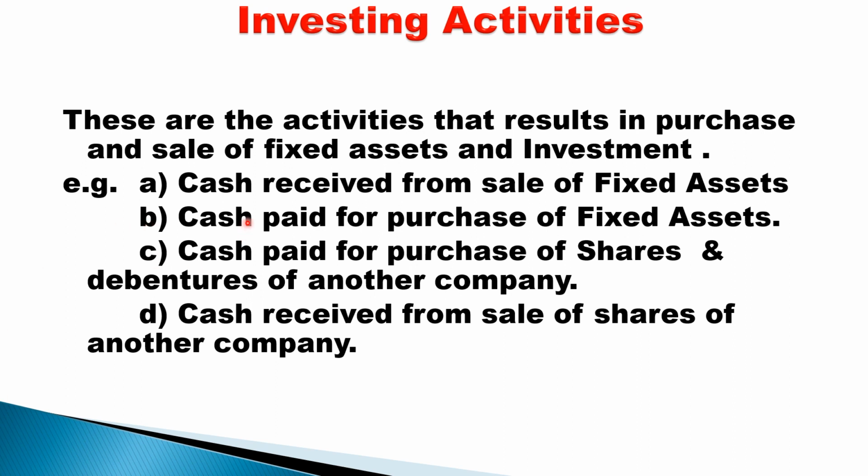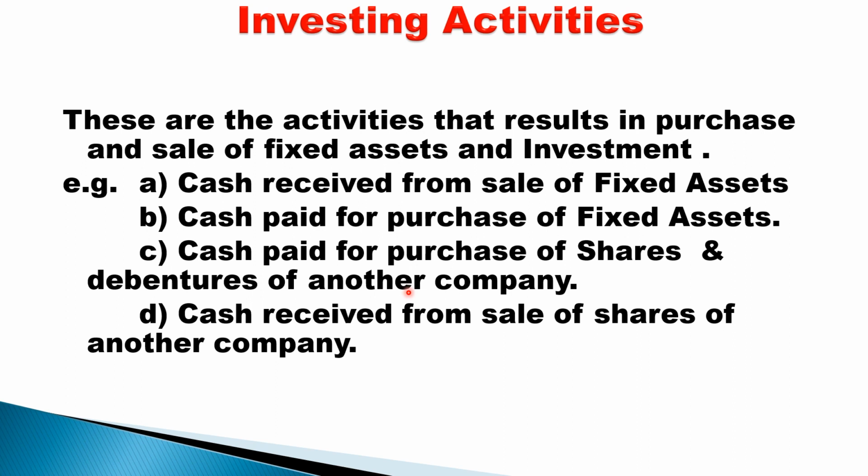Example, cash received from sale of fixed asset, cash paid for purchase of fixed asset, cash paid for purchase of shares and debentures of another company, not our company, students. If it is our company shares, it is called financing activity. So the third point talks about investing in another company.